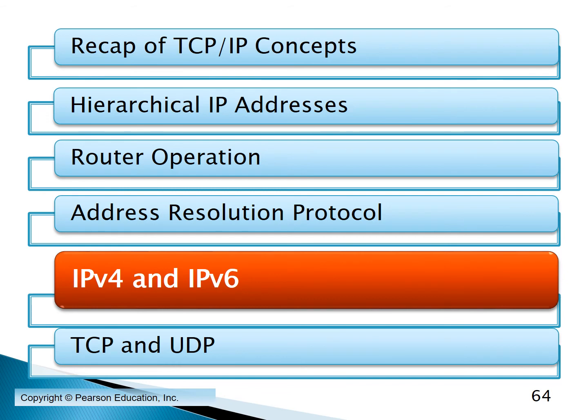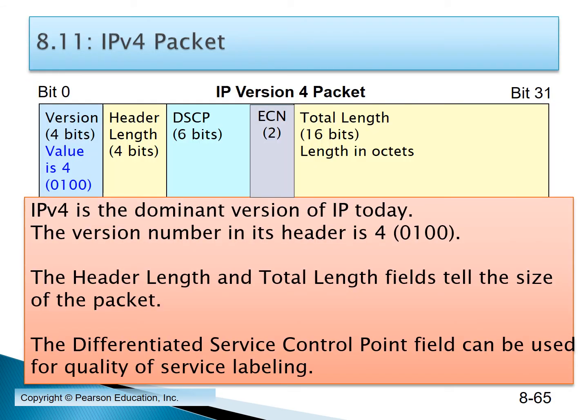So now we'll talk about IP version 4 and IP version 6. This one is the header of an IP version 4 packet. It's the dominant version of IP today. The version number in the header is 4, 0100 in binary. The header length and the total length fields tell the size of the packet.